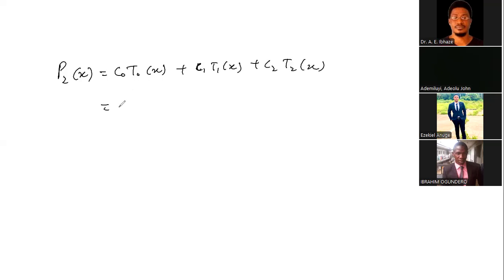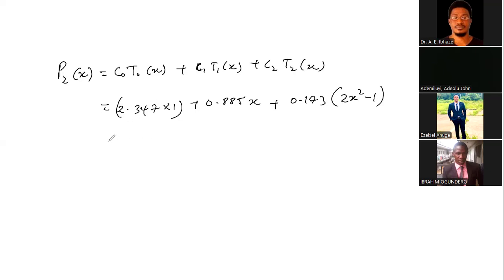So we have 2.347, no, 3. 2.347 times 1 plus C1 was 0.885, and T1 of x is the same as x. Then C2 was 0.173 times 2x squared minus 1.